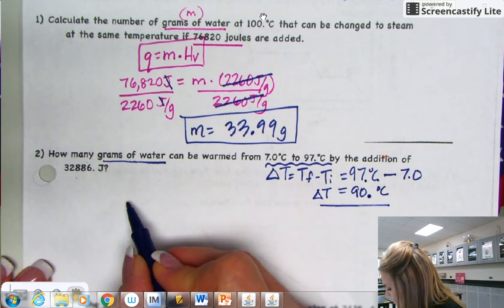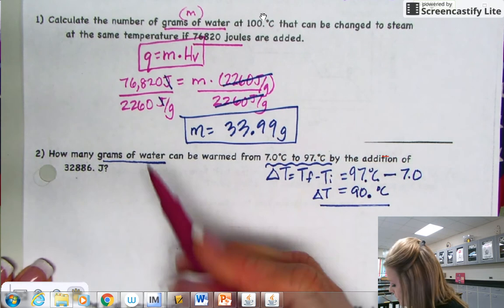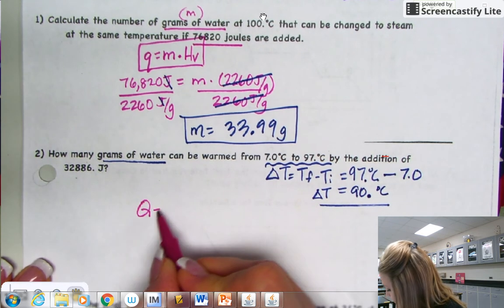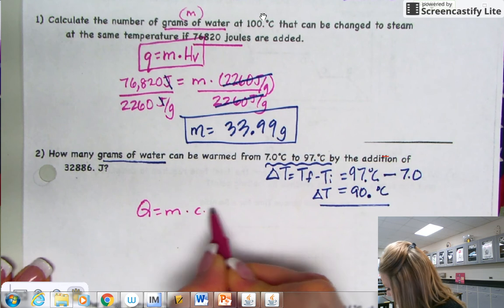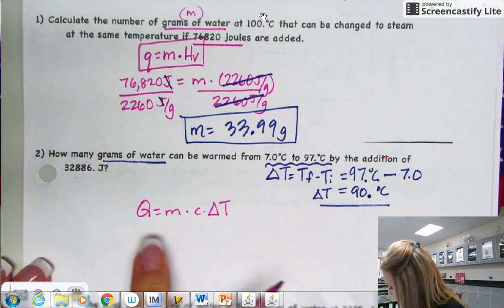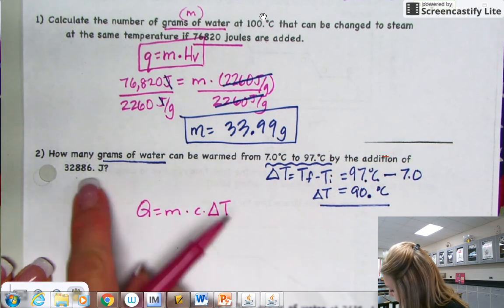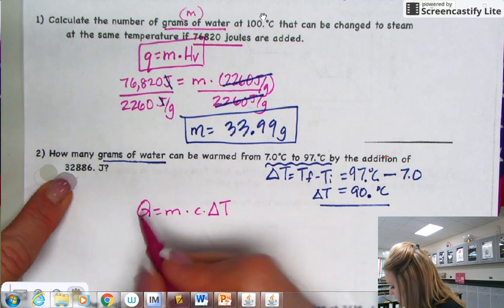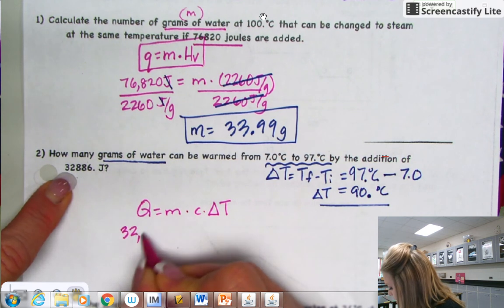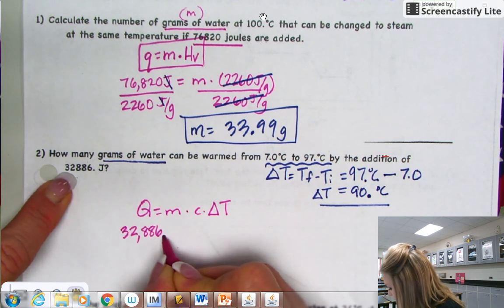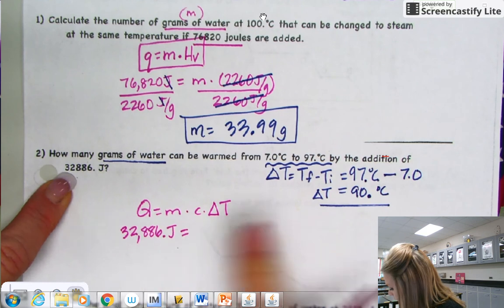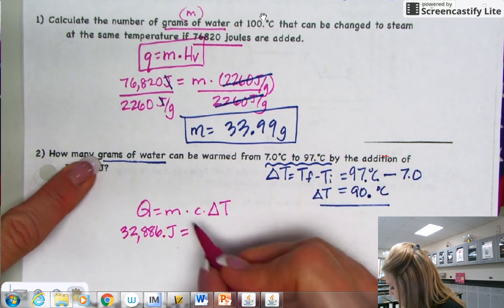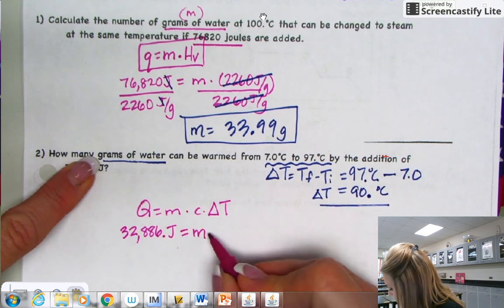Now we can plug into the formula. Q is equal to MCΔT, M times C times delta T. So the Q, they added 32,886 joules, that's going to plug in for Q. And it wants to know how many grams, so we're looking for mass again.